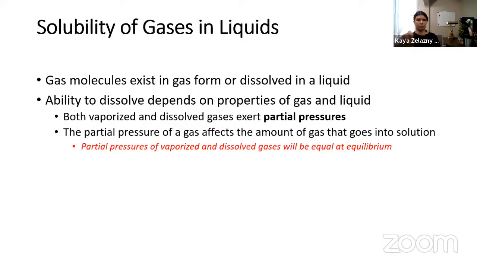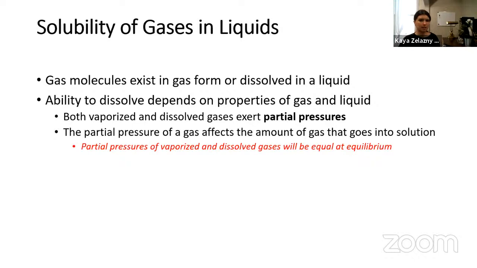Another thing we want to understand as we're thinking about our partial pressures is not just the pressure of gas molecules in the gas volume, but also how we can think about the pressure of gas molecules dissolved in a liquid, which is kind of a funny concept.